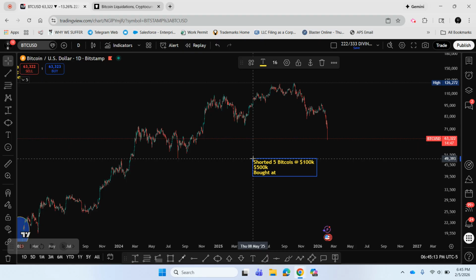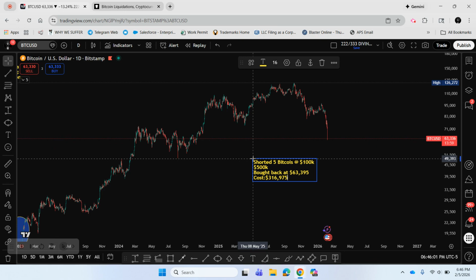Bought back at 63,395. Cost: $316,975. So I bought back.